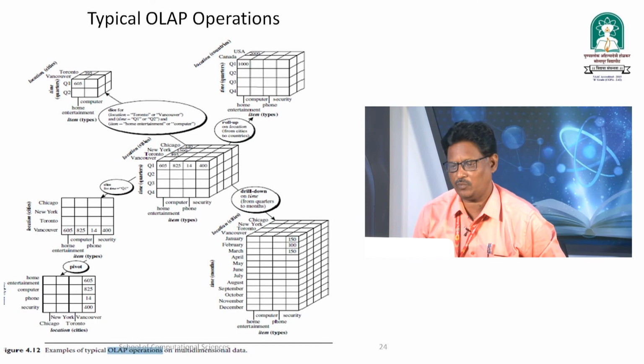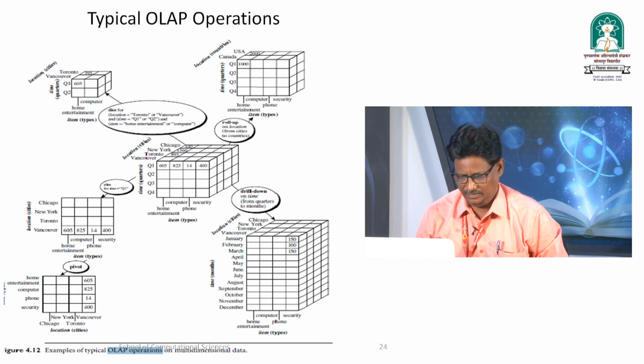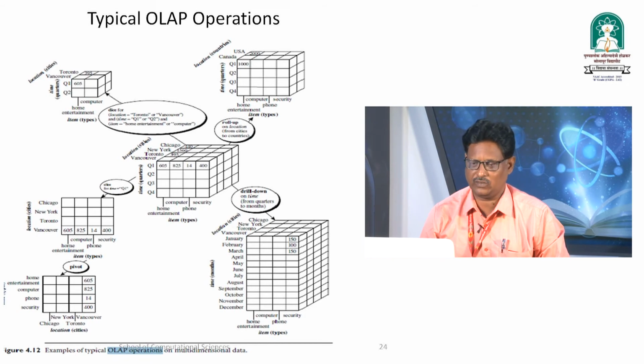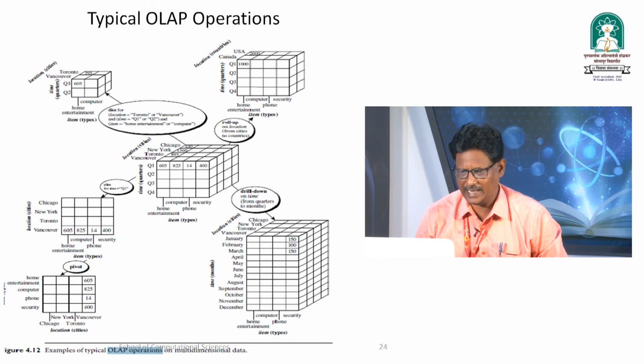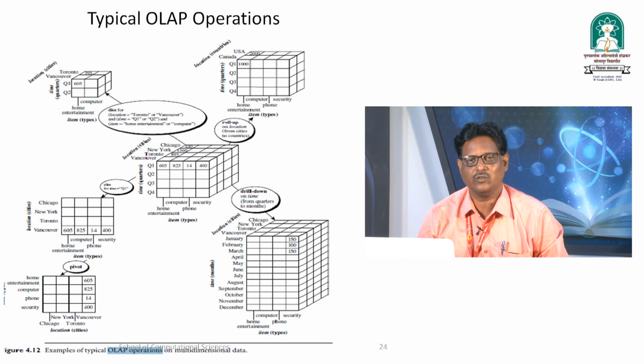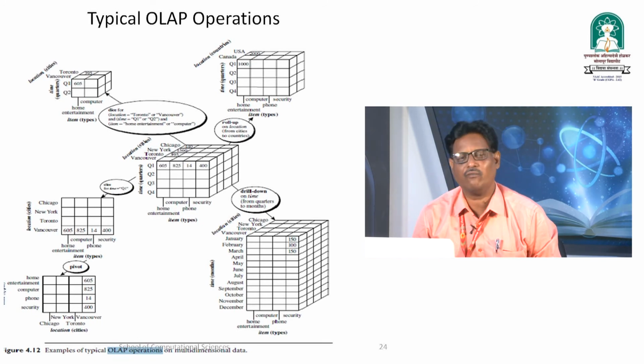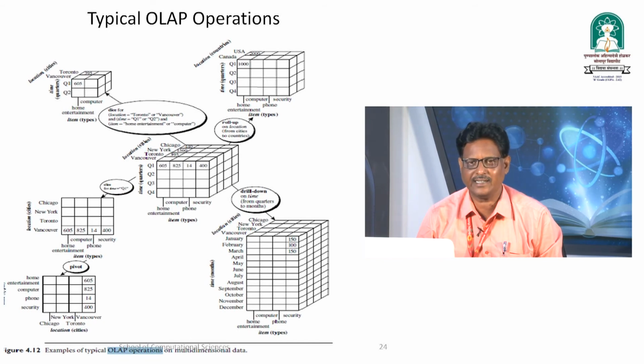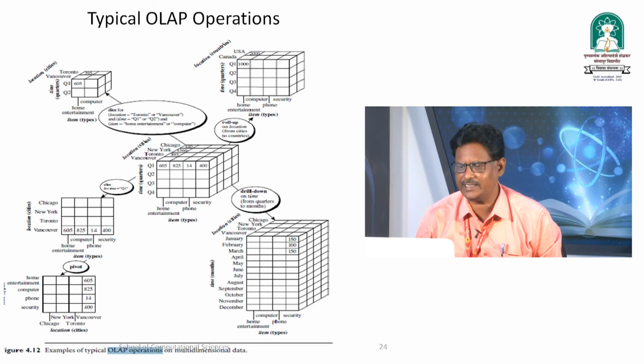As far as the slice operation, the name itself says that whenever you want to acquire the data by selecting one dimension, simply we can select one dimension and you can acquire your desired data. That is a kind of slicing operation. The dicing operation, the name itself says that if you are using more than one dimension to acquire the data.